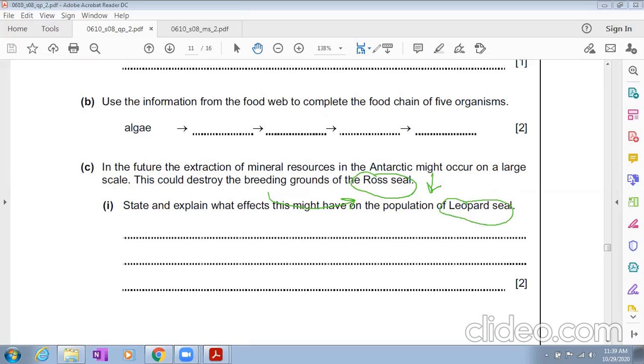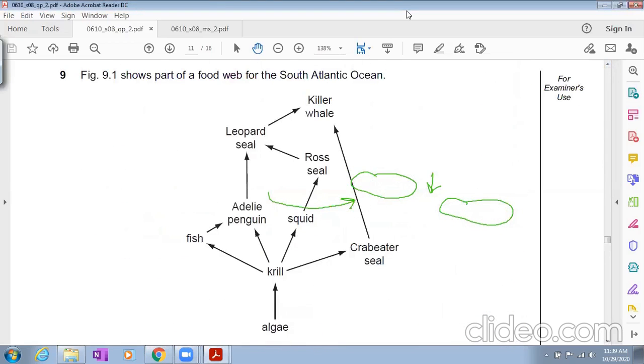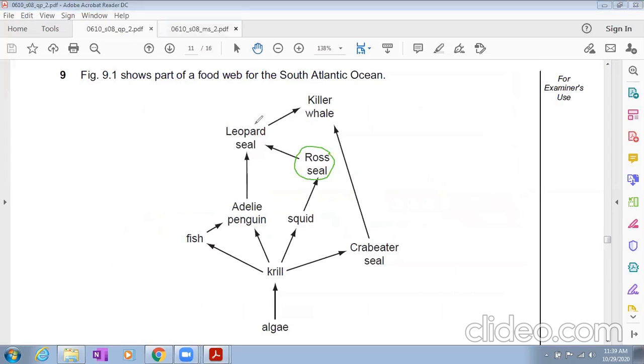Let me first go toward the Ross seal. The Ross seal is actually food for the leopard seal. So if the Ross seal is decreasing, the food availability for the leopard seal will be less. When food availability for the leopard seal is less, the leopard seal will also start to decrease.